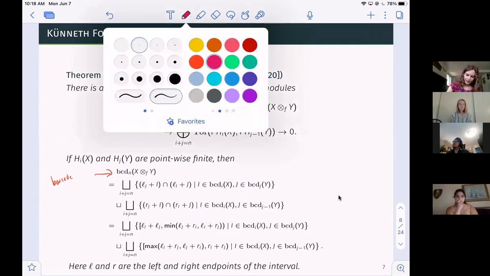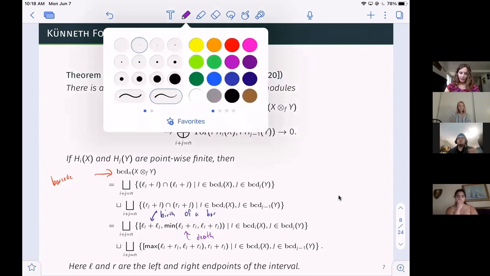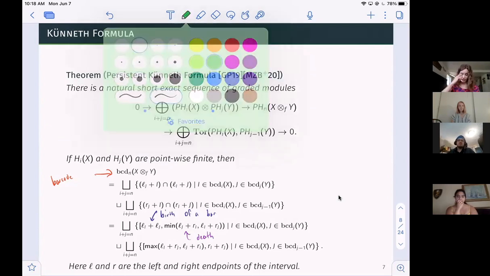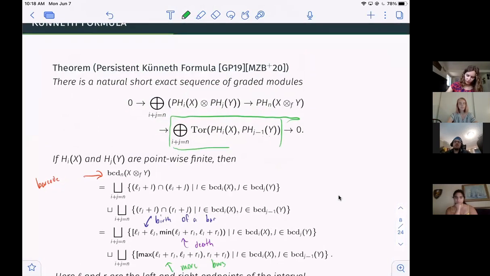Down here, closer to the bottom, this corresponds to the birth of a bar, whereas this corresponds to the death. We're also going to have something kind of weird happen, which we'll talk about later when we have something to look at. But this is also going to give us bars, and this part comes from the torsion part that we see in the short exact sequence.